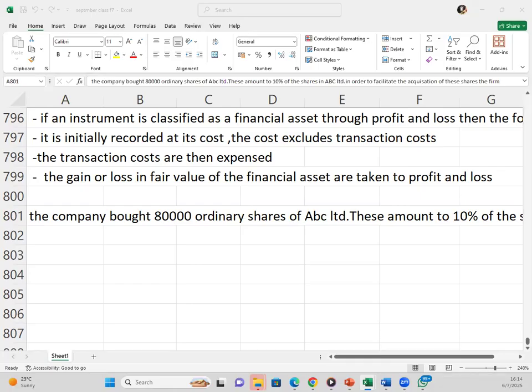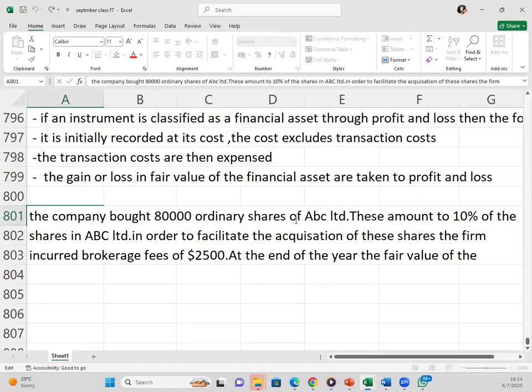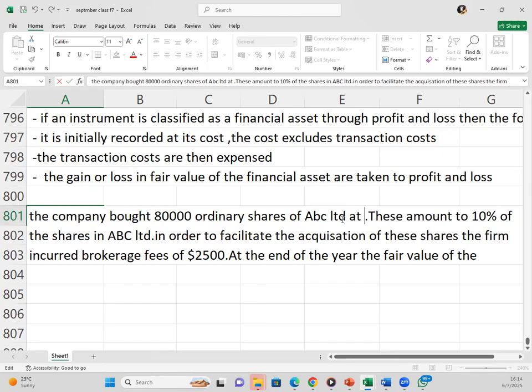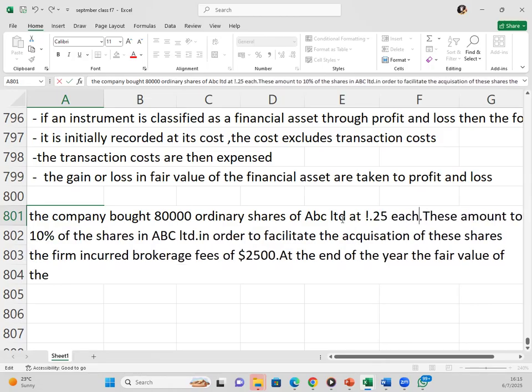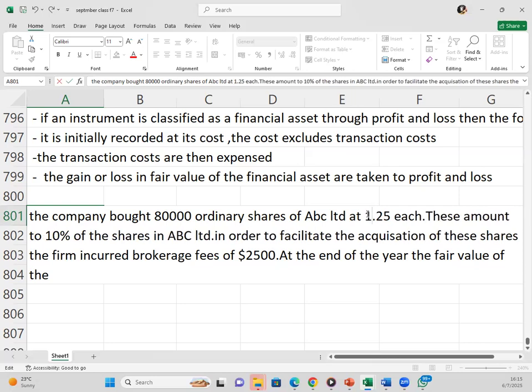The company bought these shares at $25 each.